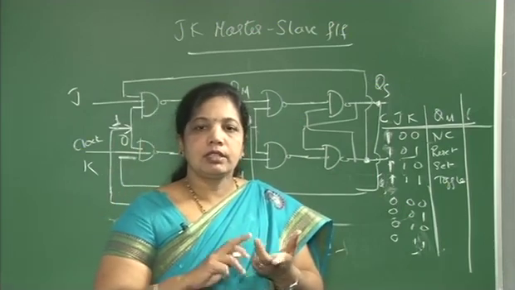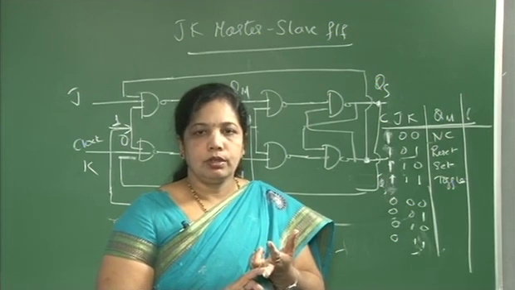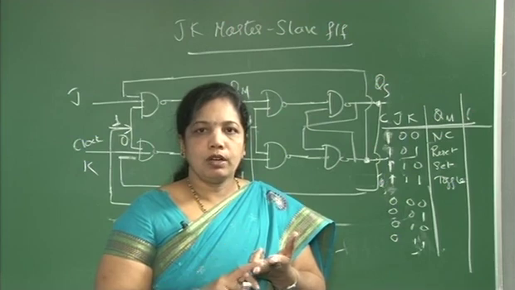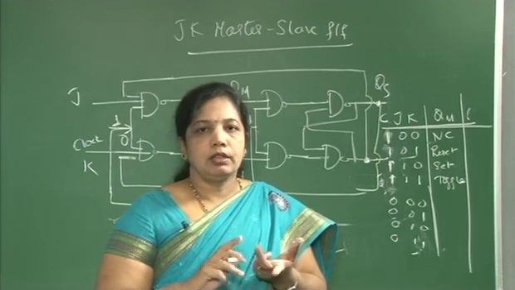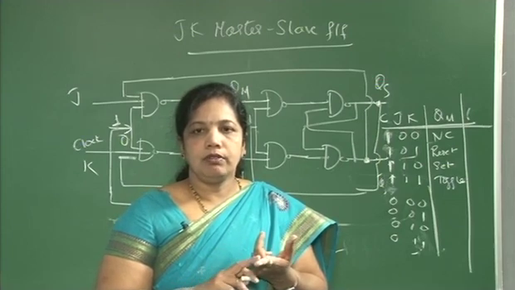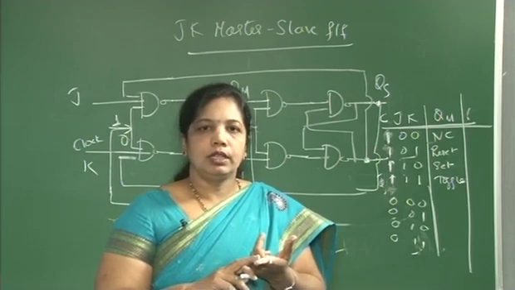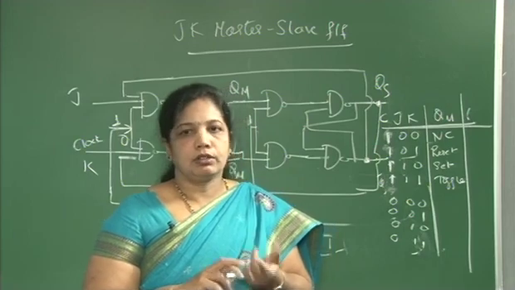Negative edge, slave is active, master is inactive. So at a time, one of these flip flops is active, the other is inactive. Based on the output of the master, the slave transfers to the output. So this is nothing but the JK master slave flip flop. The slave decides its output depending on the inputs of the master during the negative edge of the clock.